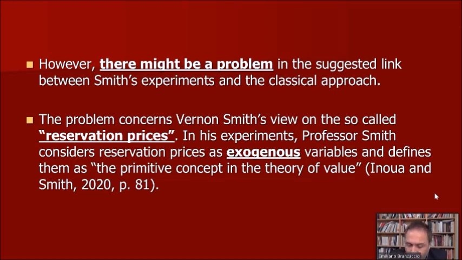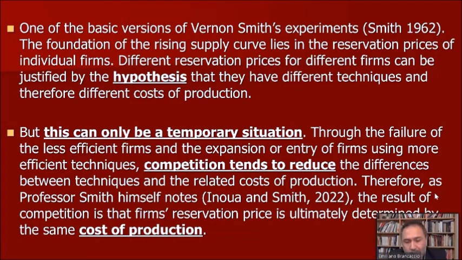Now, this setting seems to have some drawbacks, both on the demand side and on the supply side. I shall focus here on just one of them. Let's consider one of the basic versions of Vernon Smith's experiments, which is based on a rising supply curve. We'll see something about that in Professor Smith's lecture.